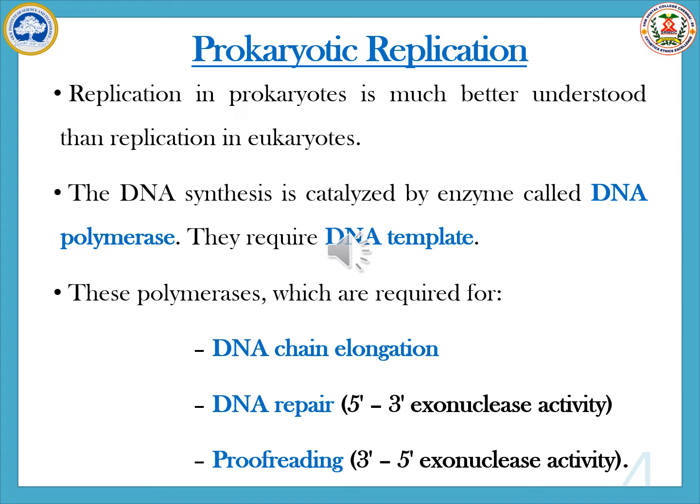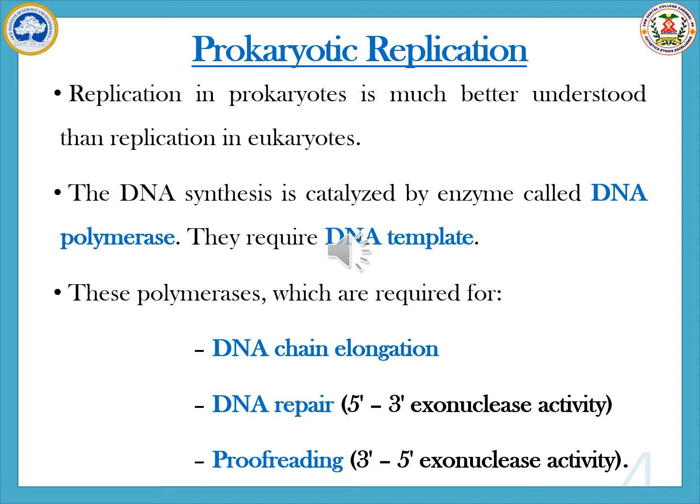DNA polymerase is also essential for other important functions such as DNA chain elongation and DNA repair. If any repair is needed in the DNA, DNA polymerase comes into play and repairs the DNA. The repairing action can also be mentioned as 5' to 3' exonuclease activity, and it is also involved in proofreading.